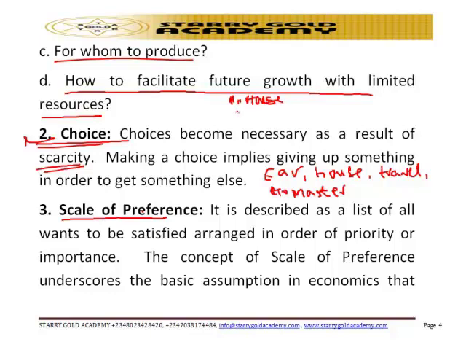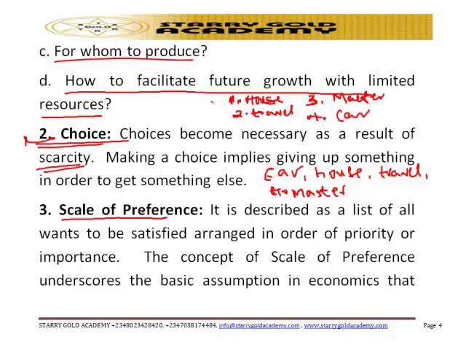The second one is to travel. The third, by ranking, maybe I can put to aim for my master's. The fourth one, which is the least, is to get the car. So this is my scale of preference.